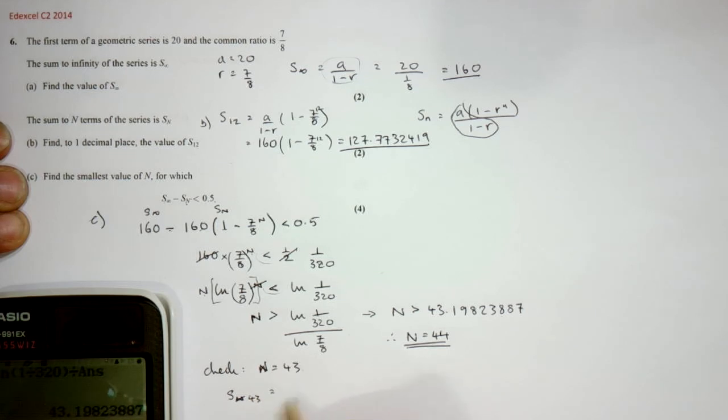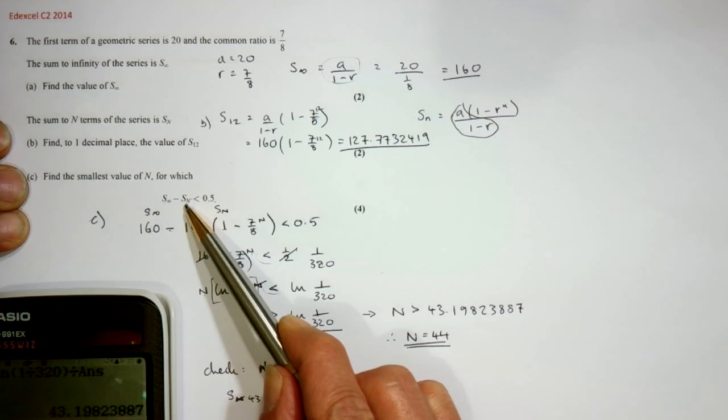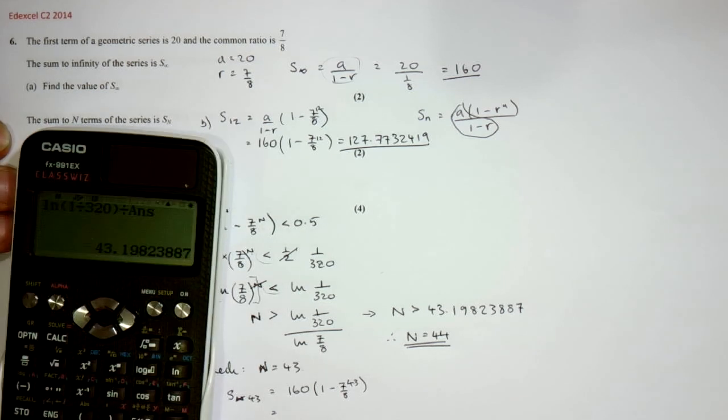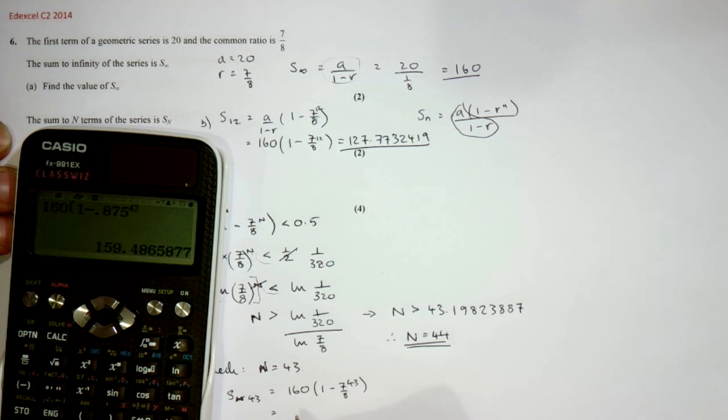S43 is equal to 160, 1 minus 7/8 to the power of 43, and that should be less than 159.5, because when we do 160 take away something less than 159.5, the answer is going to be bigger than 0.5. So 160 bracket 1 minus 0.875 to the power of 43 is 159.4865877, just a little bit less than 159.5.